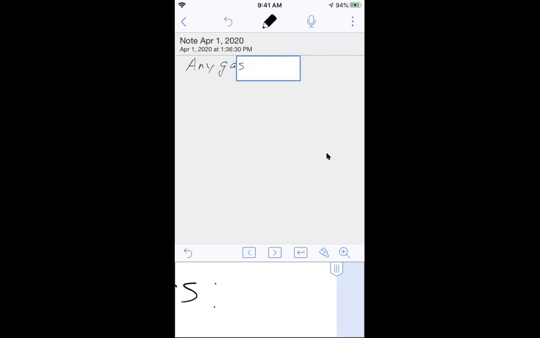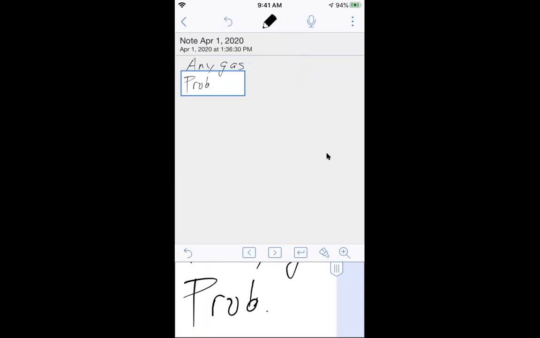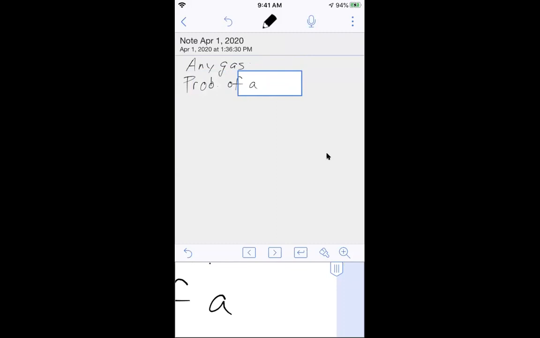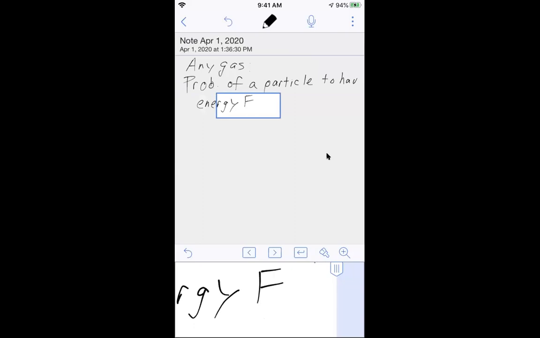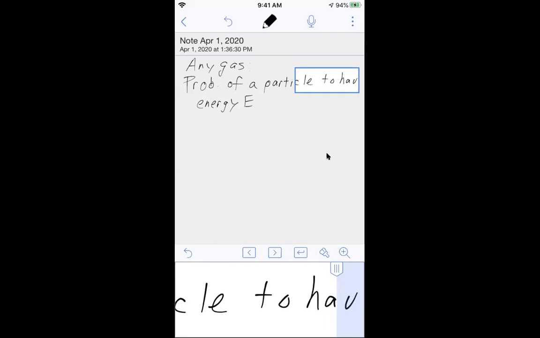We want to know the probability of a molecule or a particle to have energy E.